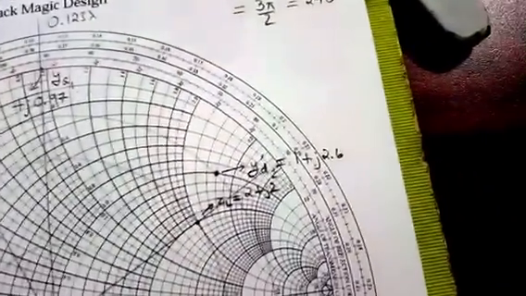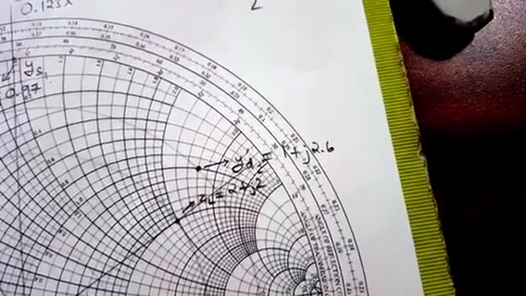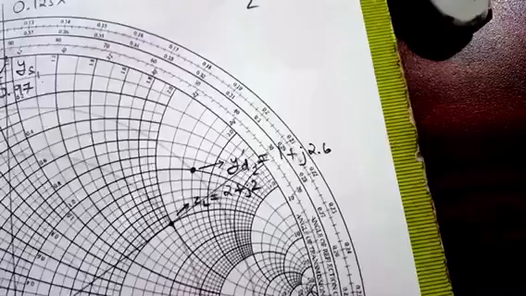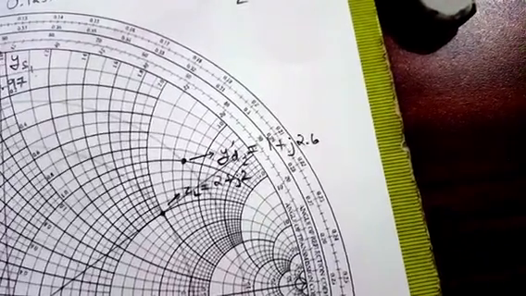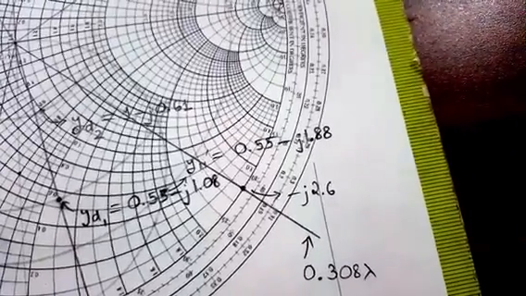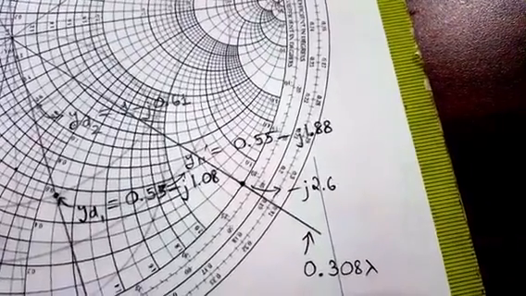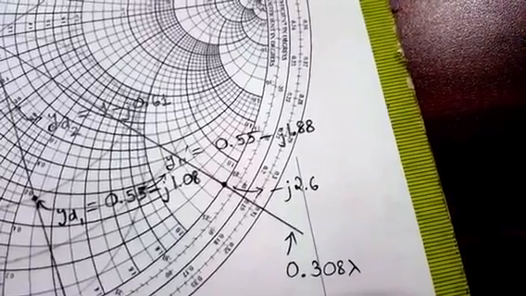Similarly, for YD2 dash, the imaginary value is +j2.6. We take its conjugate, that is -j2.6, and plot it on the Smith chart and obtain its value in terms of lambda, which is 0.308 lambda.